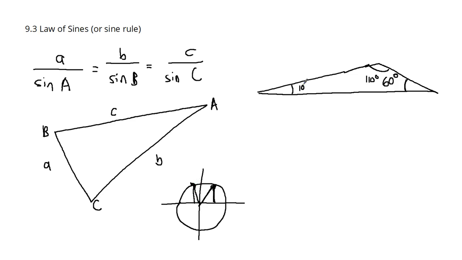And let's say this is 10 degrees. You can see it's really low on the height of the unit circle. So this 10 degrees actually has a really small side, because sine of 10 is much smaller than sine of 60 or sine of 110. Sine of 110 is the biggest, then sine of 60, then sine of 10.